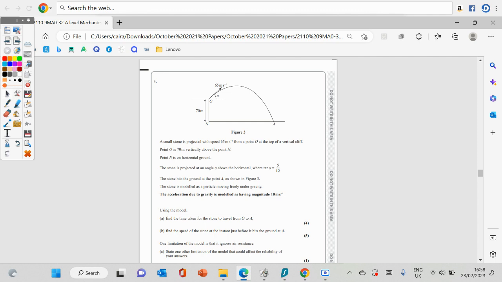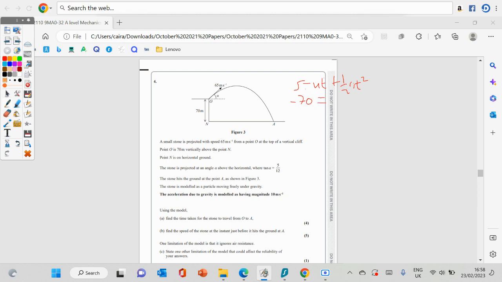Okay. Well, tan alpha is 5/12. I'm not going to do much with that because our trigonometry should be pretty good at this stage. What I'm going to do, though, is use our little formula, s equals ut plus a half at squared, and just jump straight into this question.